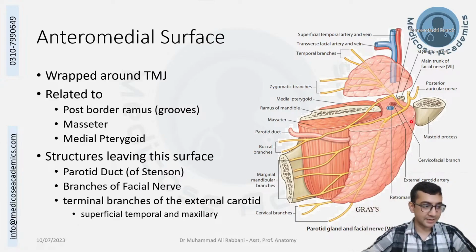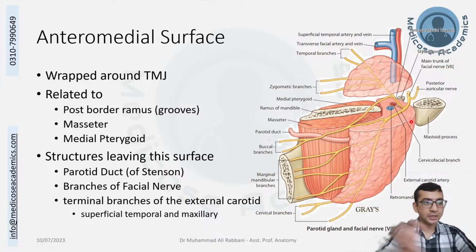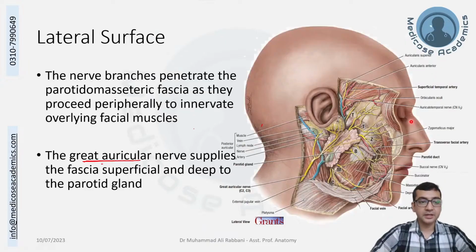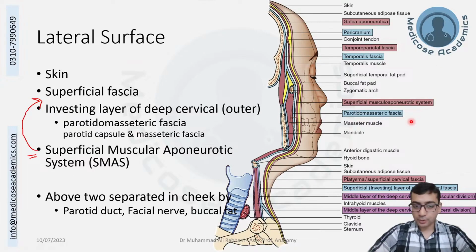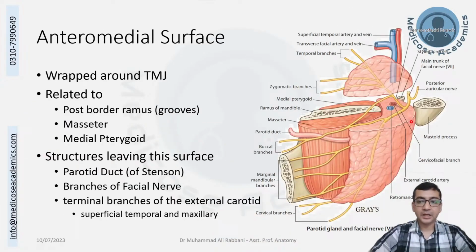The superficial fascia was the SMAS, the superficial musculoaponeurotic system, and the deep fascia was the parotidomasseteric fascia. This was the lateral aspect.